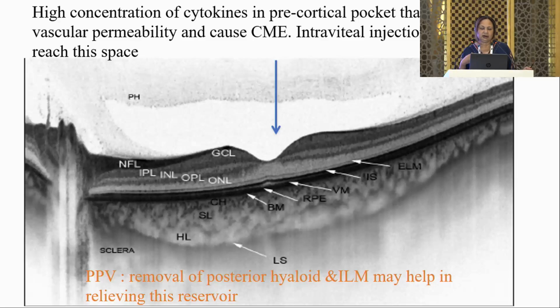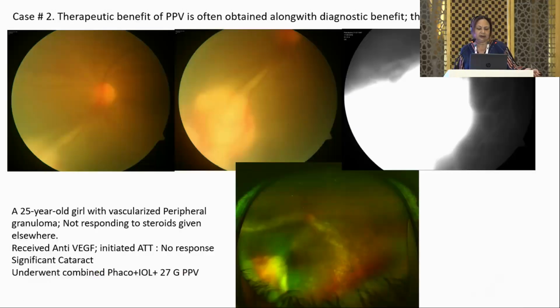Removing it by vitrectomy just lets the retina breathe. You take care of the cytokines, and you can get away with a minimal amount of medical therapy. Sometimes you may need to do it for reasons other than this.